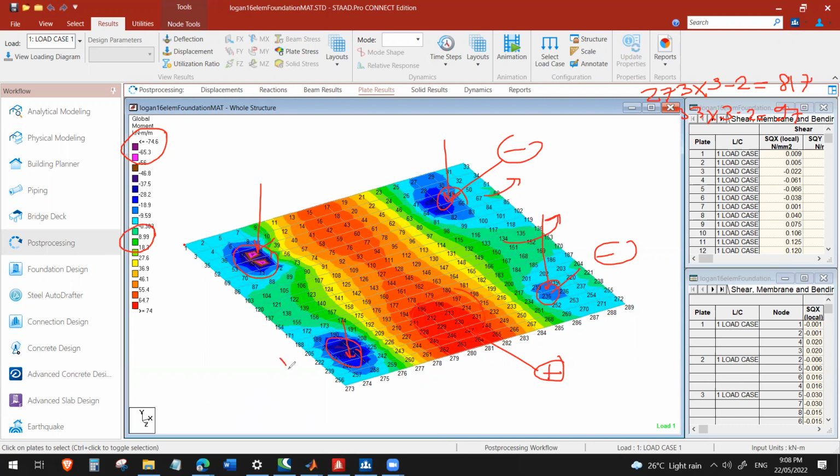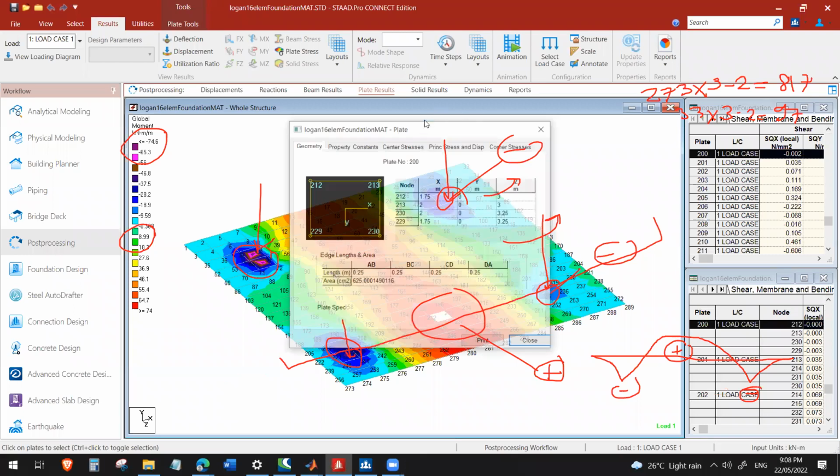Anyway, if you create a section line here, what we will see is something like this, right? We have a negative moment and a positive moment, right? Now let's check with our code.